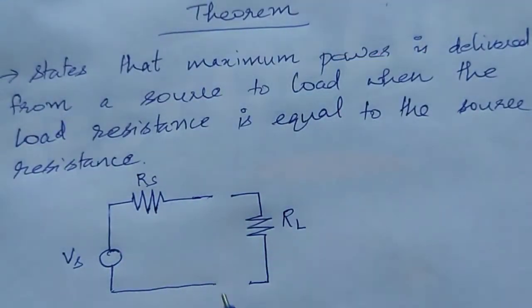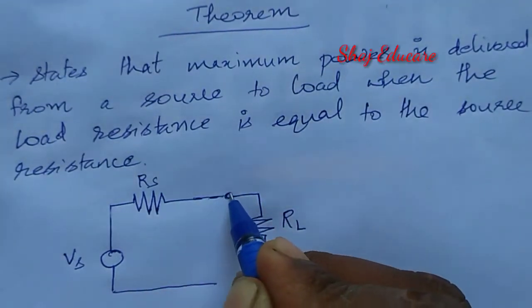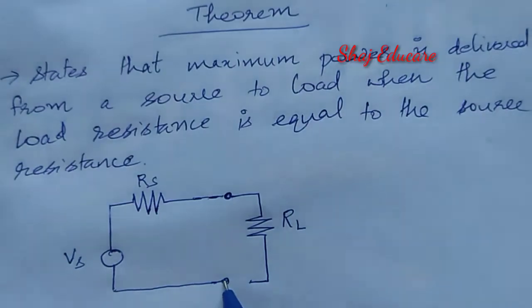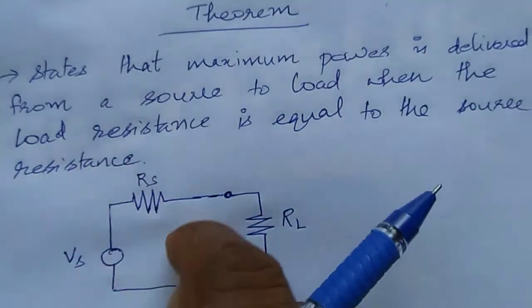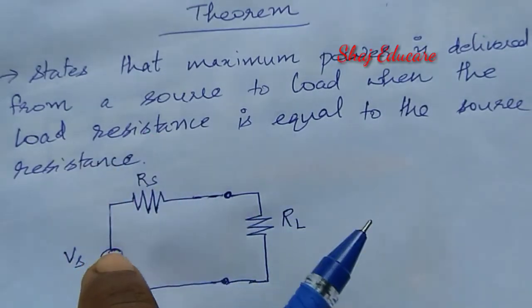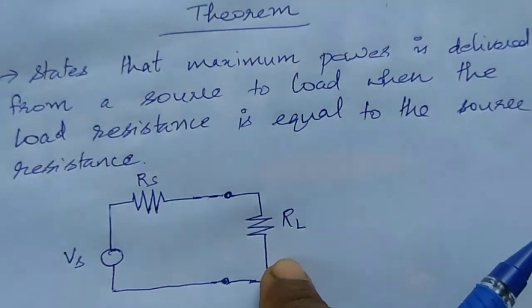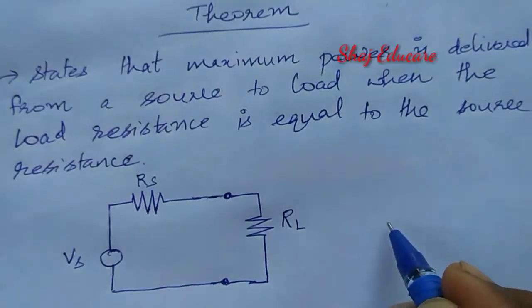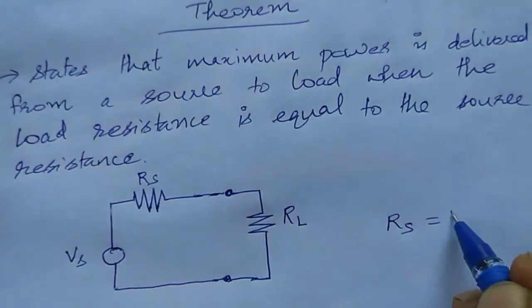According to the statement of the maximum power transfer theorem, if we connect a load to a source, maximum power from the source to the load will be transferred only if the source resistance Rs equals RL.